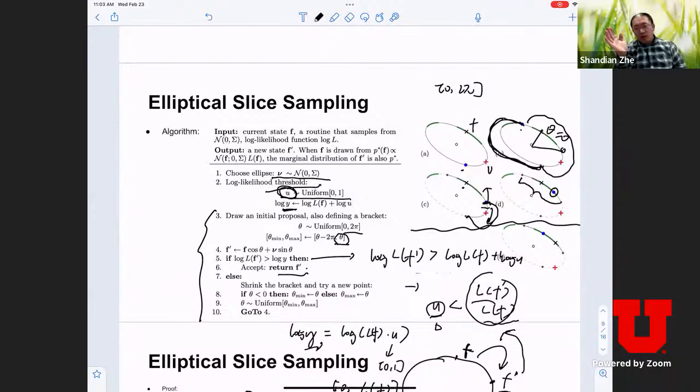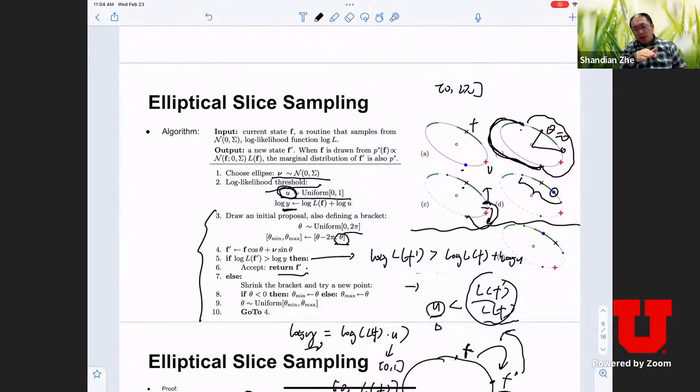That's why, when it is outside the valid region, we set theta max to be theta, because you want to draw a new theta to the left of the current proposal. And if theta is less than 0 and it is also outside the valid region, that means your new proposal is on the left.